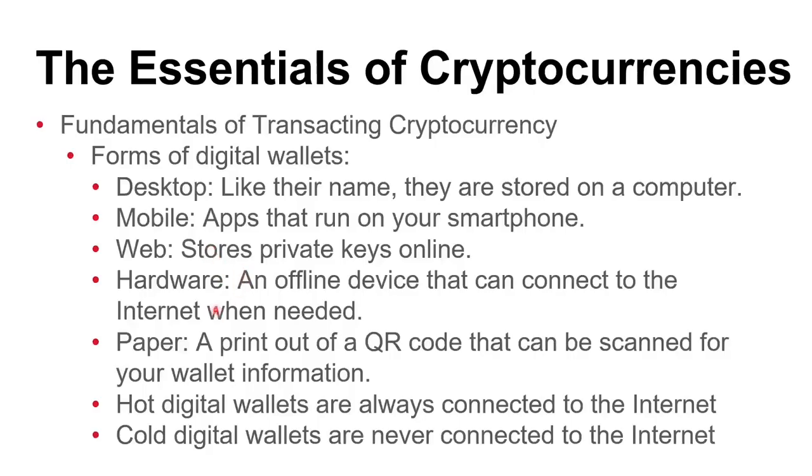You can have a hardware digital wallet, an offline device that can connect to the internet when needed. So it might be a USB key, a USB device. You can also have a paper digital wallet. It's a printout of your QR code that can be scanned for your wallet information.